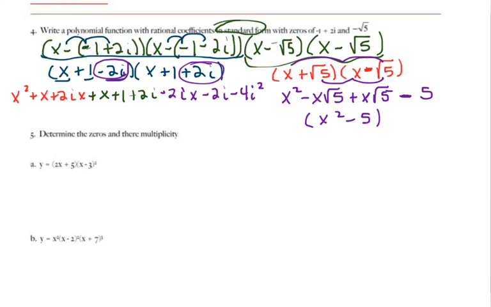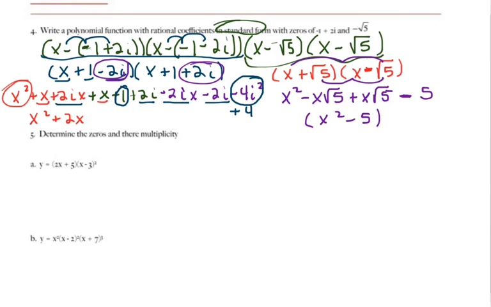Now we'll clean this all up a tad bit. There's only one x squared term. There's an x and an x. It's two x's. Then I've got a 2ix and a negative 2ix. They cancel. I've got a 2i and a negative 2i. They cancel. Finally, 1 and negative 4i squared is actually plus 4.